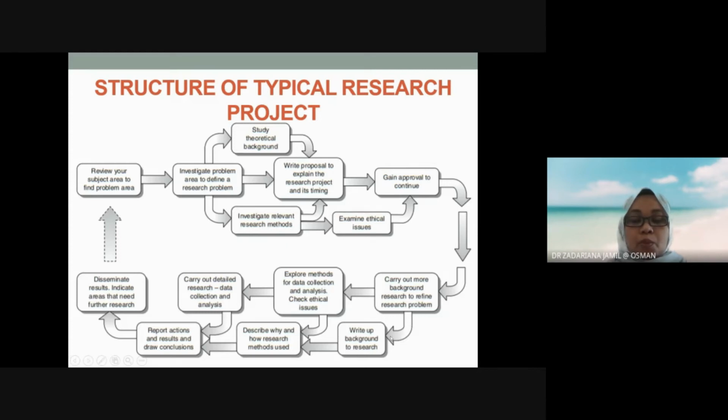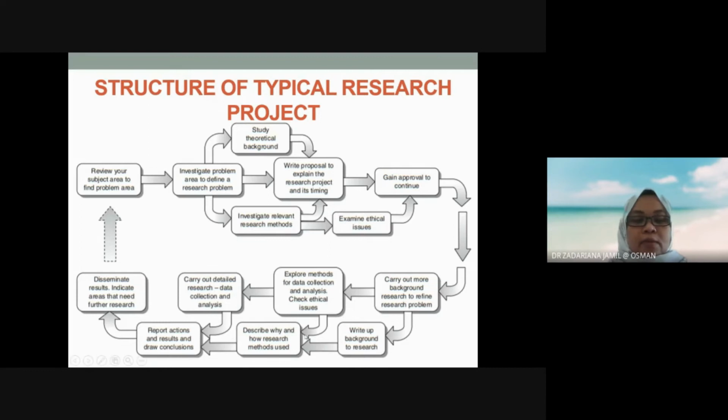You also need to write up your research background, and then explore methods for the data collection and analysis. You need to explore in more detail the methods that you want to carry out for your study, and also data collection and data analysis.